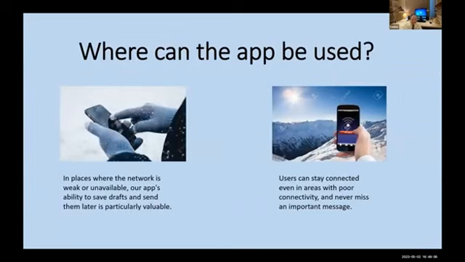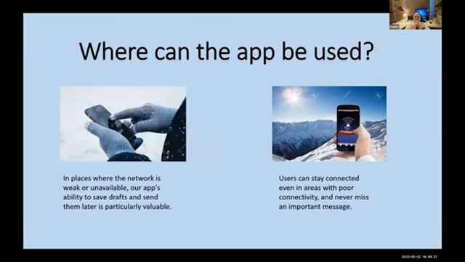Finally, we have also found that our application can be used in a variety of different settings, from urban areas with strong network connectivity to rural areas with intermittent connectivity.